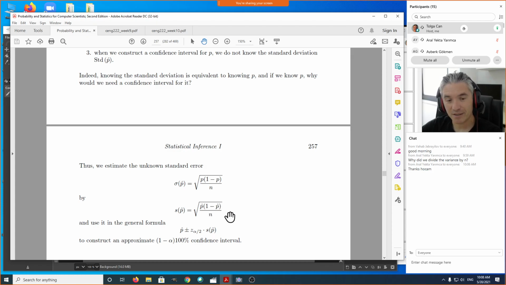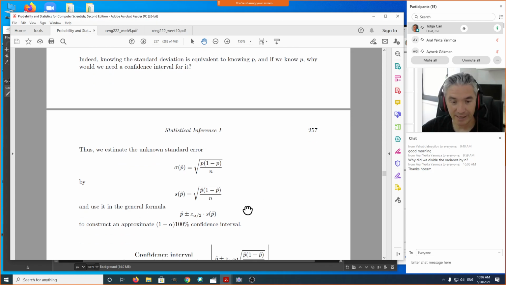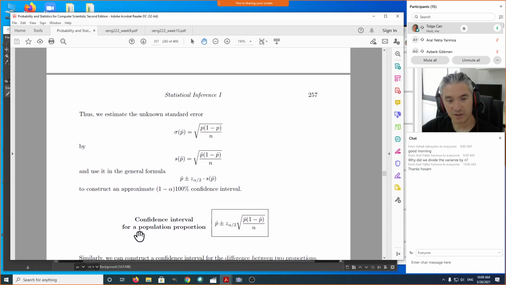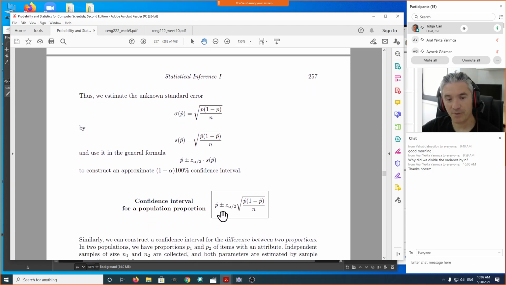That's your p hat, so your standard error is also computed from the estimate p hat. In general, the confidence interval for a population proportion is whatever you estimate here, plus or minus z alpha over 2, for your significance level alpha, times the standard error.